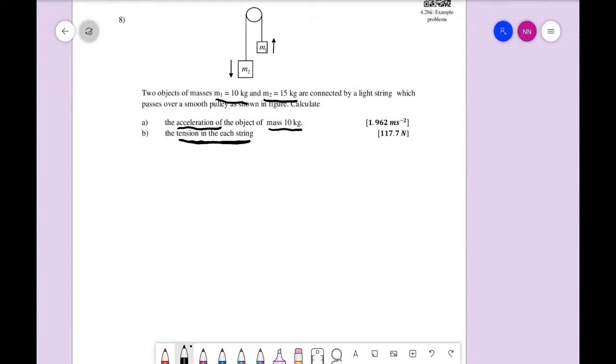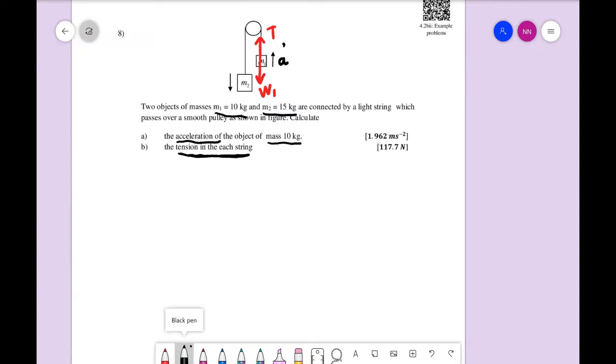So for M1, it has tension T and it has weight 1 of course. And then it is accelerating upward. Look at the arrow. The arrow represents the direction of acceleration, upward for M1, because M1 and M2 are in the same system.